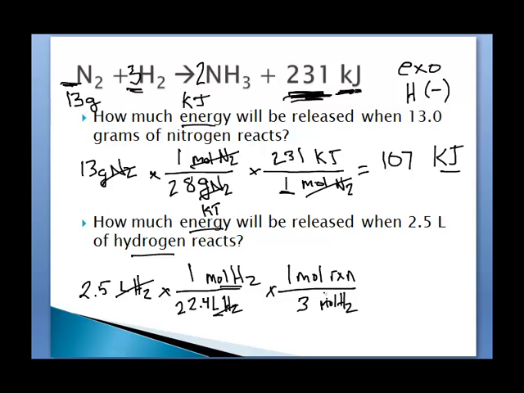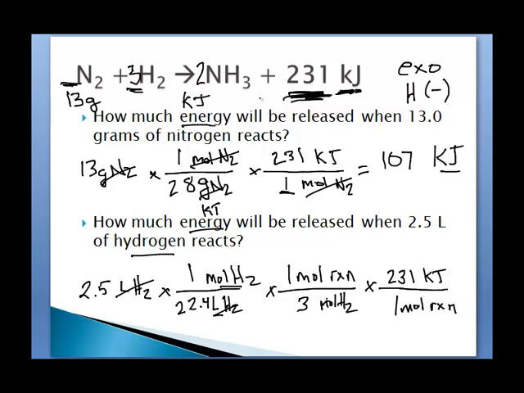RxN is the abbreviation for reaction. Then what we would do is our next conversion factor, we would put 1 mole of reaction in the denominator, and then our value for H in the numerator, 231 kilojoules.